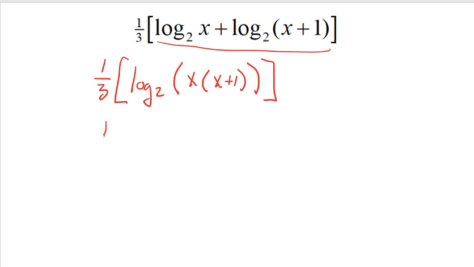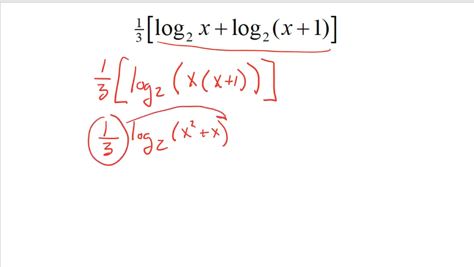Now I guess I could do this real quick, right? I'm always looking to clean things up. So I could multiply that out and get x squared plus x. I really didn't have to do that, but it does make it look a little nicer. And then I could use the power rule and bring this 1/3 up here. So I got log base 2 of x squared plus x raised to the 1/3.